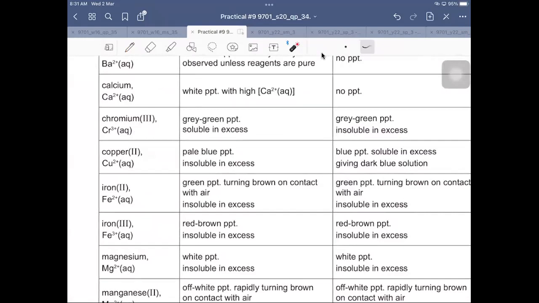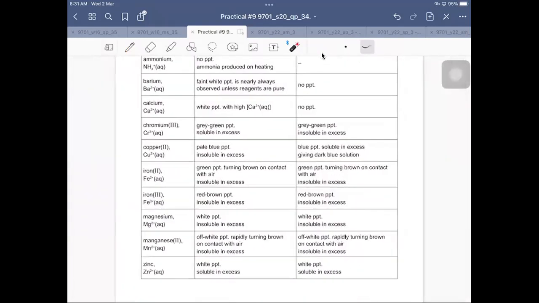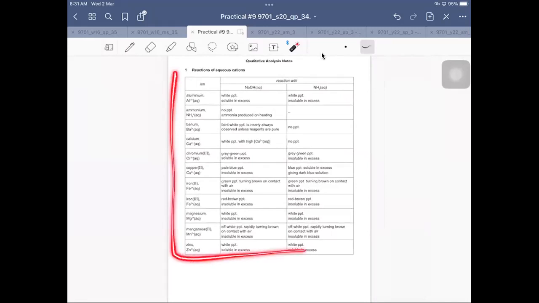Okay, for example, you have sodium hydroxide and you get a black precipitate. In this table, there's no black precipitate. The closest to black precipitate would be gray green precipitate. Okay, so always choose your observation based on the colors that are in this table. If you're using sodium hydroxide or ammonia.